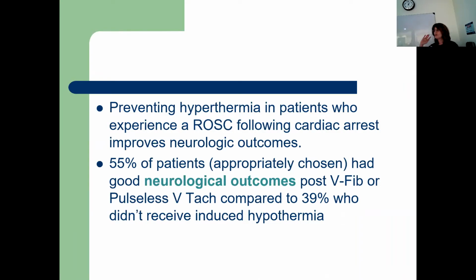So if you hear a code called and you go to 100 codes in a hospital, I think I was telling you like 20 of them will survive and leave the hospital neurologically intact. So of those 20 people, if you have a group where 10 of them get induced hypothermia and 10 of them don't, will the outcomes improve? And yes, so a few more people have better neurologic outcomes, but I guess it's enough to spend a lot of money on this equipment and to do this on these patients.